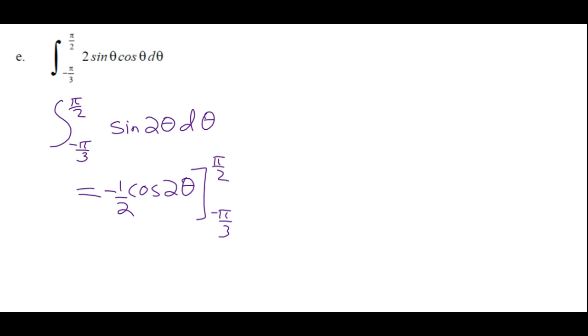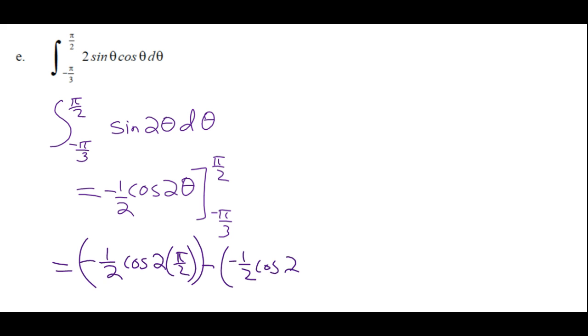Right? So again, just a little check here. What's the derivative of cos? If you just write the cos 2 theta, because you sort of know it's related, you'll get negative sine 2 theta, and then you say, oh wait, and then 2. So I need negative 1/2, right? To counteract that negative 2. Okay, and now we go negative 1/2 cos of 2 times pi over 2 minus negative 1/2 cos of 2 times negative pi by 3.